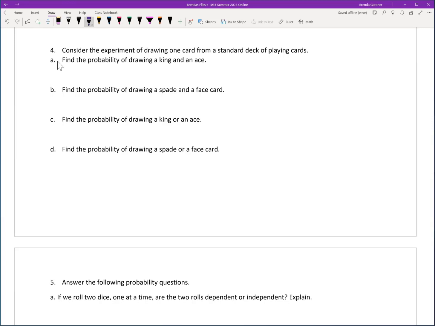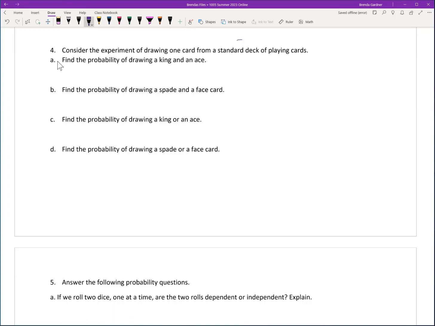Because I don't assume that a lot of you know face cards as well as maybe I do, or someone else who plays cards does. So this is an example of finding probability, but again, we would give you probably something more like the marbles, pulling out a green marble versus a red marble, or something a little more specific where you are given numbers.